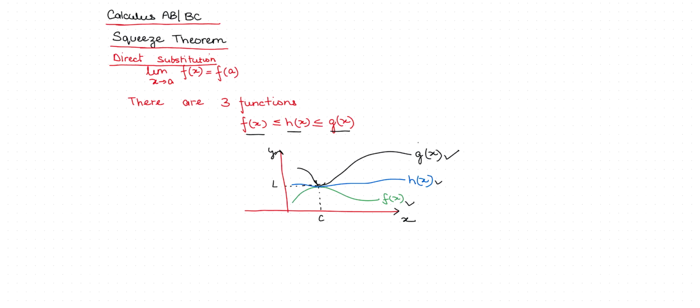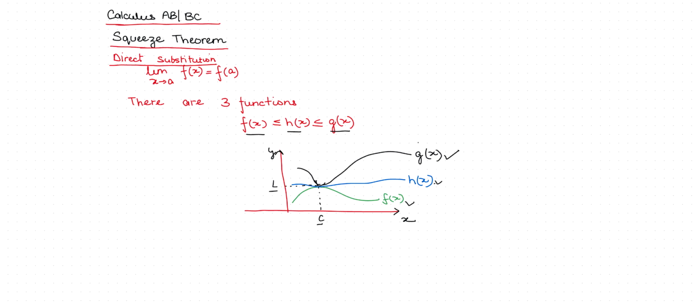So, if both the simpler functions approach the same limit, that is L, at the same point, or a specific point C, then the middle function, which is h of x, is forced to approach the same limit.